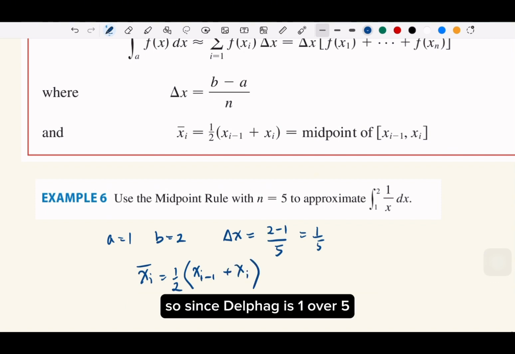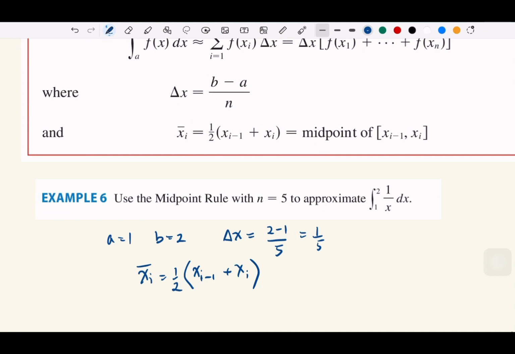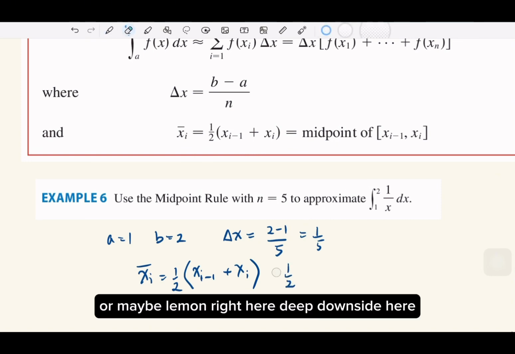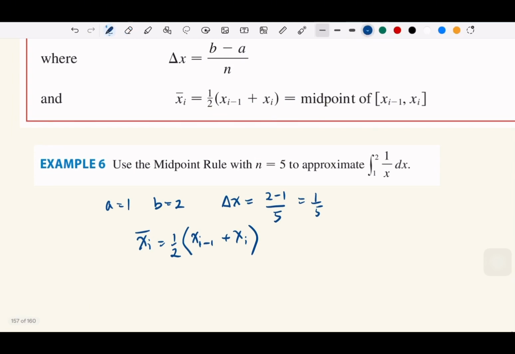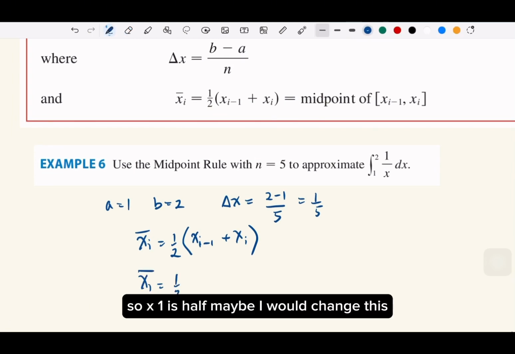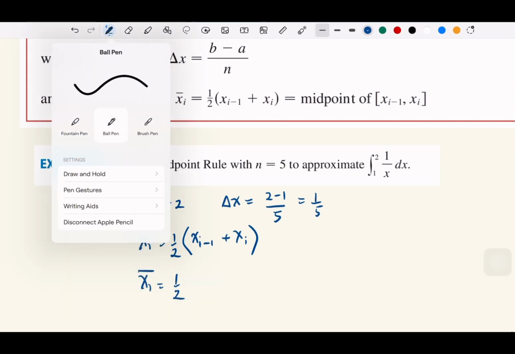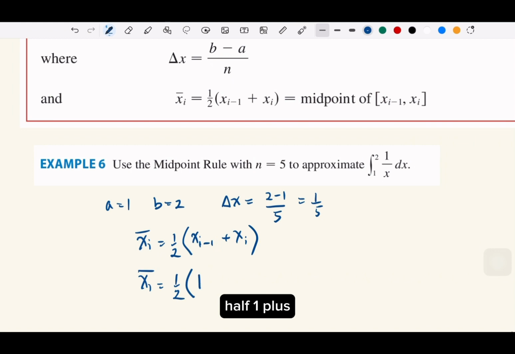So since delta x is 1/5, if the endpoint is 1, then 1 to 1.2, so half, x1 is half of 1 plus 1.2, right? So 2.2 divided by 2, 1.1.